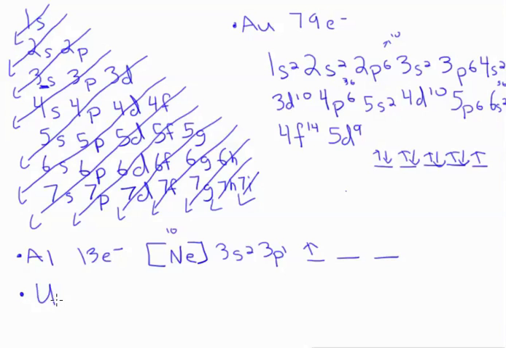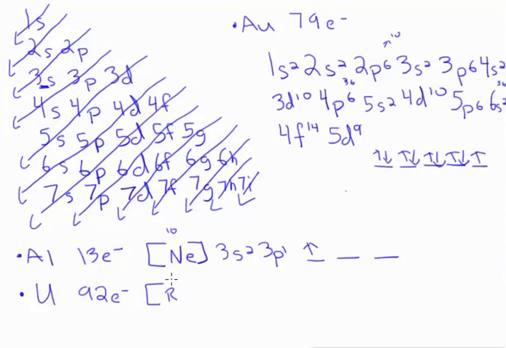Now, because it's in the F block, you know the last orbital is going to be an F. But it's sometimes hard to see which noble gas is in front of that. But just look at your atomic numbers. So what's the noble gas with an atomic number closest to 92? And if you look, hopefully you see it's right on. We're going to write Rn. And that has 86 electrons.